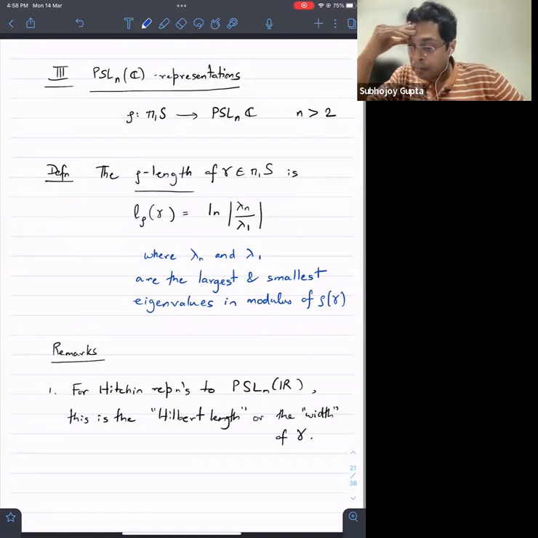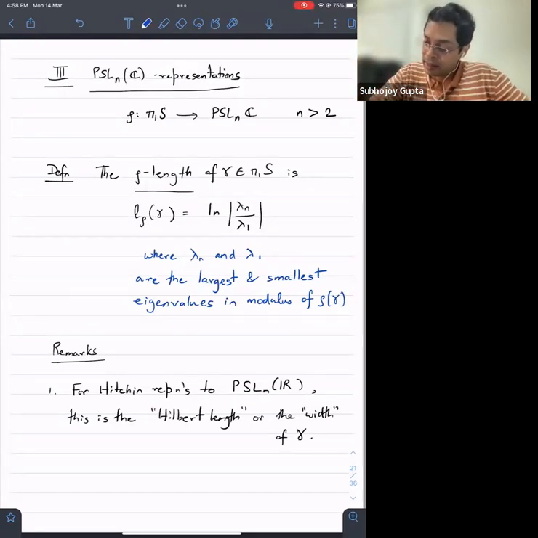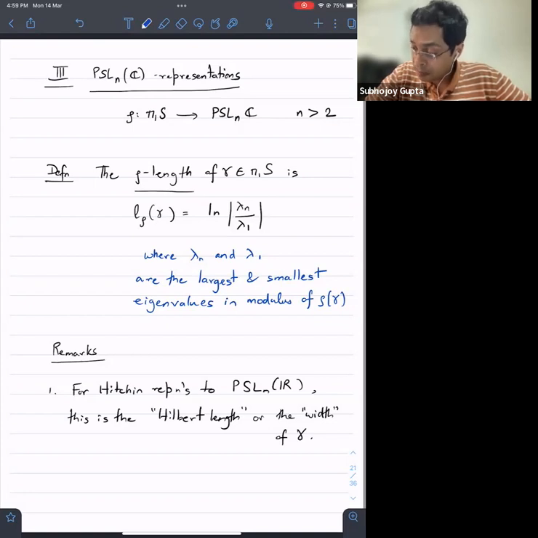Running out of time, but let me at last go on to PSLNC representations. And so the first thing I need to do is talk about the length of curves of such representations. So this is how I define it.